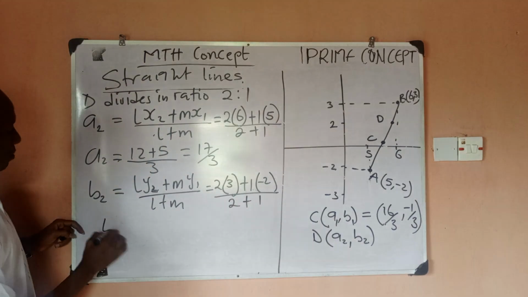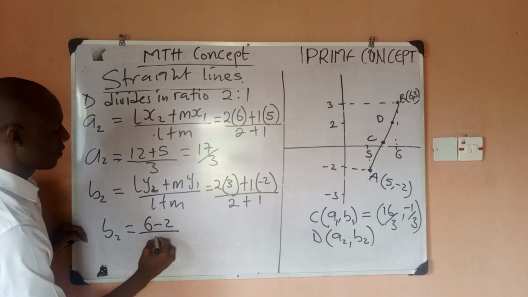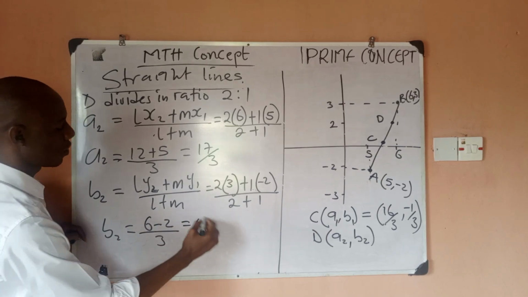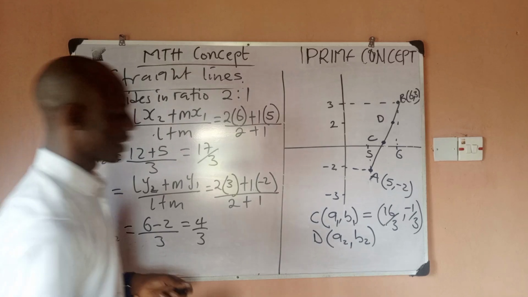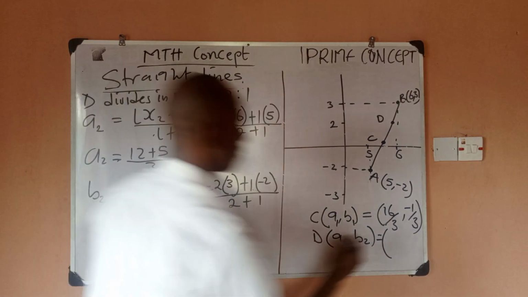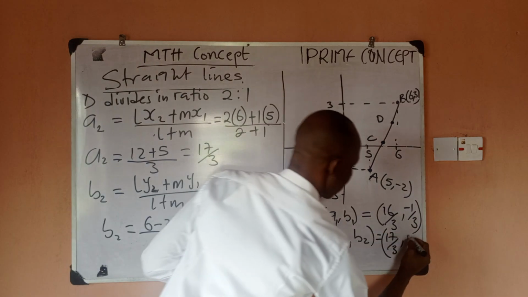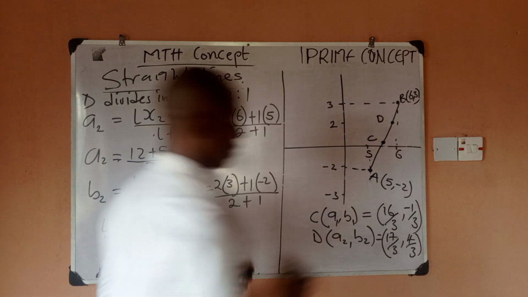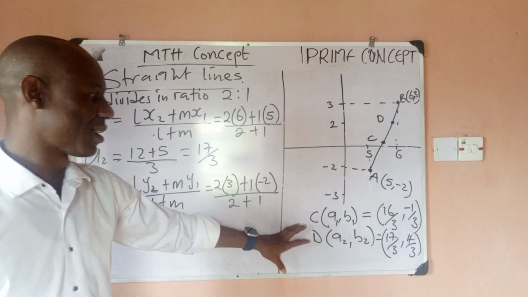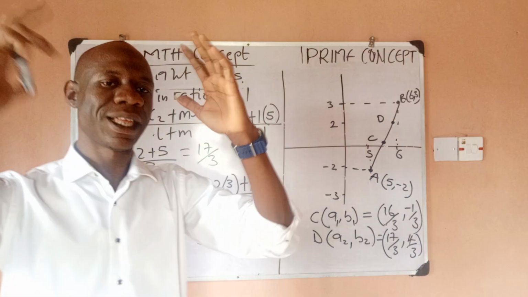So that my B2 becomes 6 minus 2 divided by 3. 6 minus 2 is 4 divided by 3. So that my coordinate for point D is simply going to be 17/3, 4/3. So these are the coordinates of the points C and D that divide the line AB into 3 equal parts.